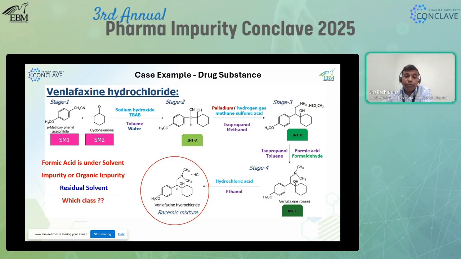I have taken only one example here to go a little deeper, because sometimes we miss impurities as solvents. Which class? That is class 3, not genotoxic impurities, sorry, class 3 residual solvent, which is not more than 5000 ppm.